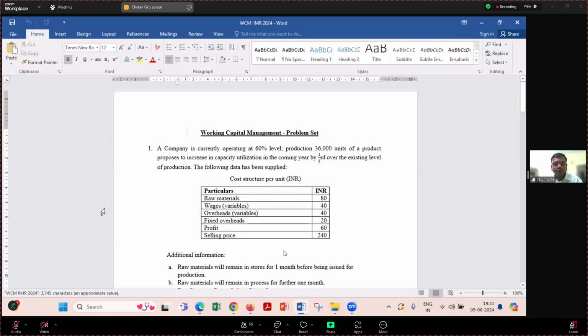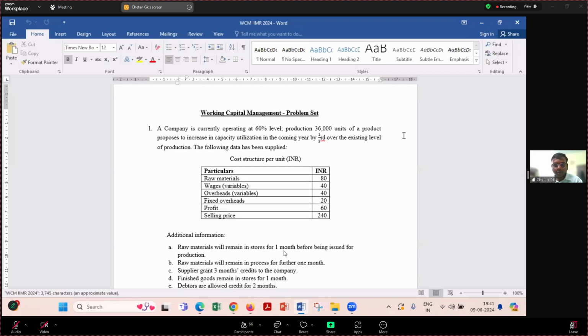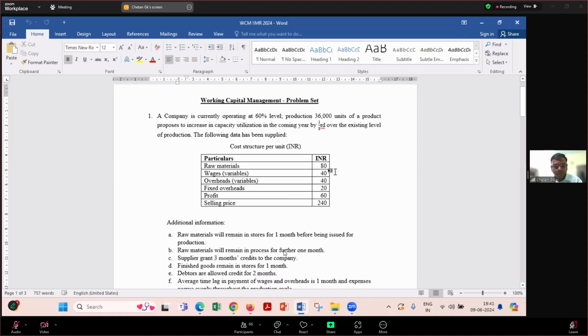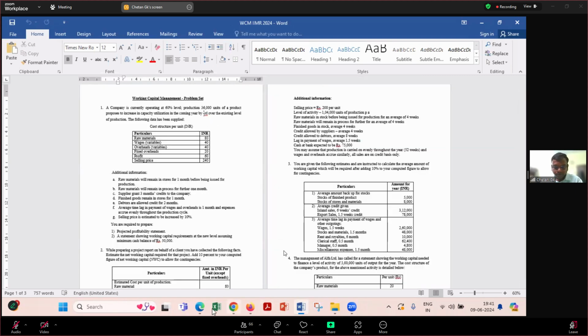There are a few problems here. I'll just crop this first problem.